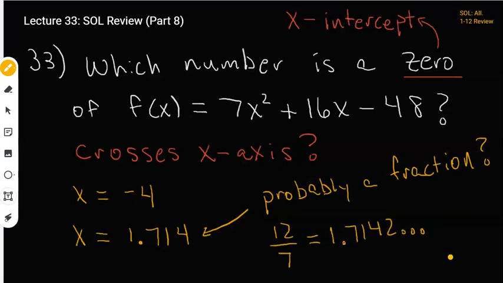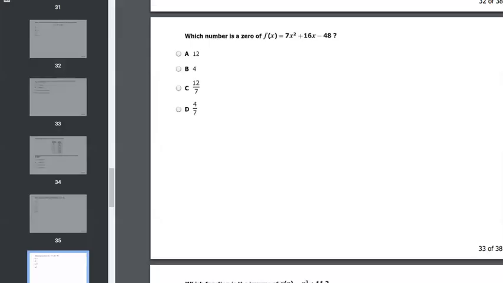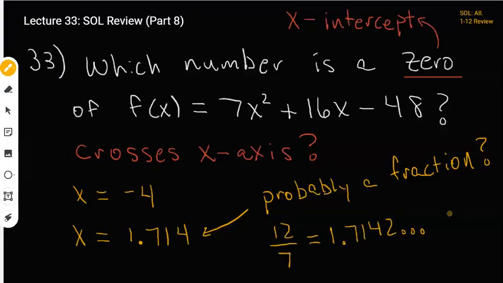So I can write it like this. And 12 over 7 is C. So that's going to be my answer. It's the only one that makes sense, right? Yeah.